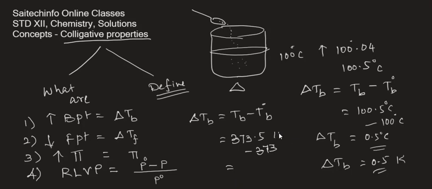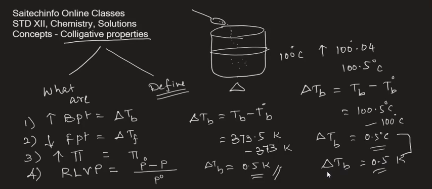The difference is Kelvin minus Kelvin, so after all it is 0.5 Kelvin only. I hope you now understand delta TB in Kelvin as well as in degrees Celsius. Both are the same. You should not add 273 to the difference. You can add it to each term and finally they cancel and you get 0.5 Kelvin. This is called elevation of boiling point.